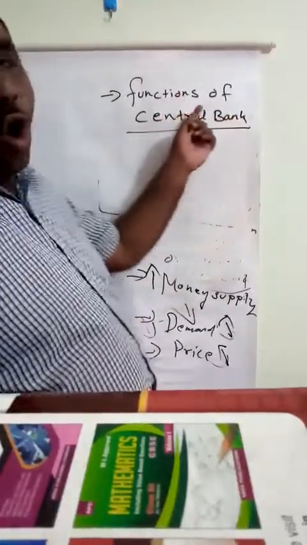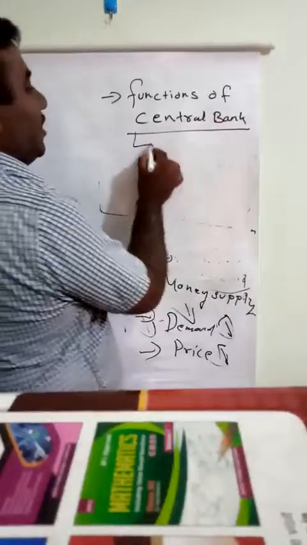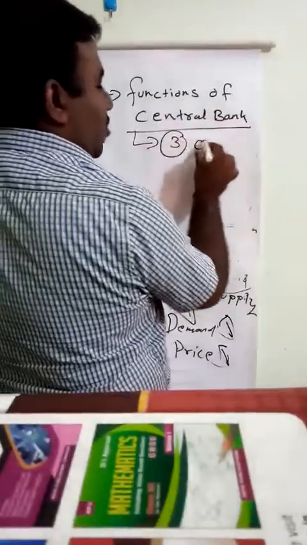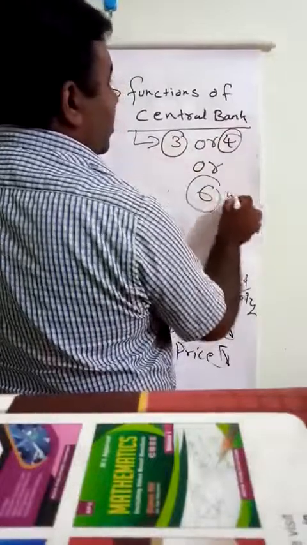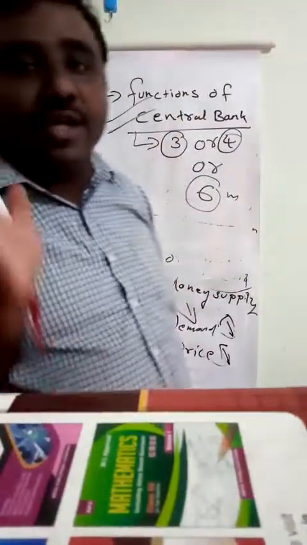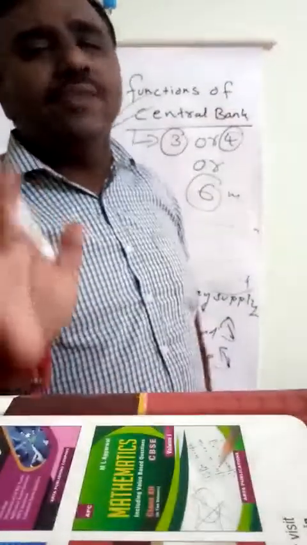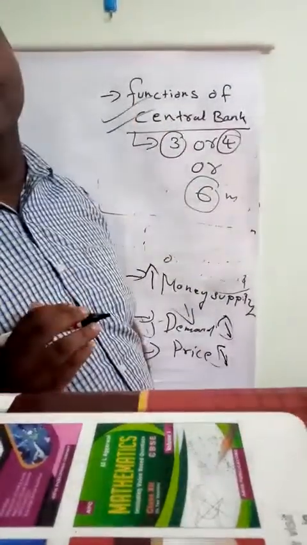You have to study all the functions of central bank. It will definitely come, either for 3 mark or 4 mark or 6 mark. Very very important. Every year a question will come from the functions of central bank.